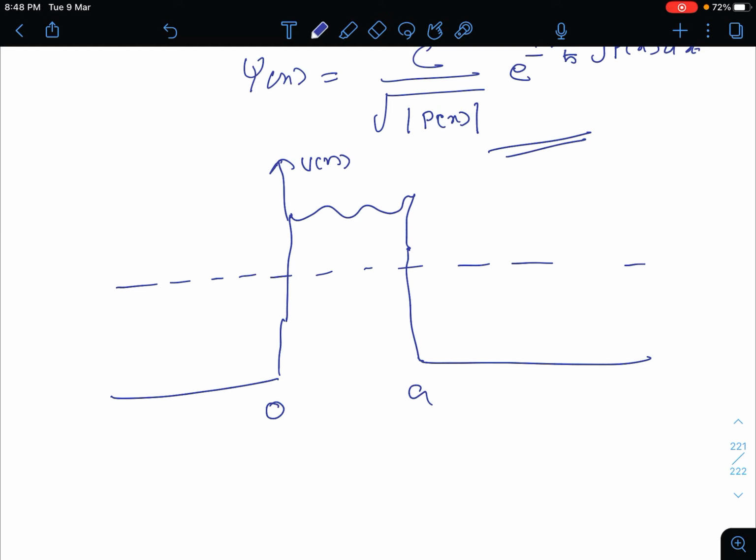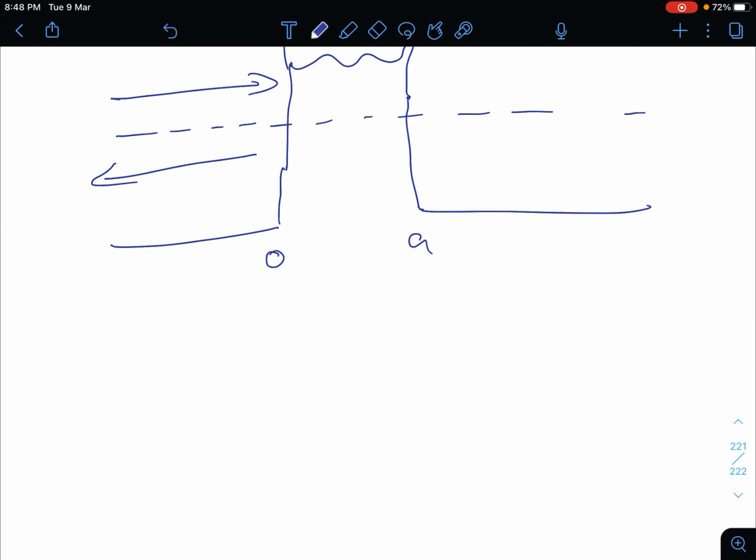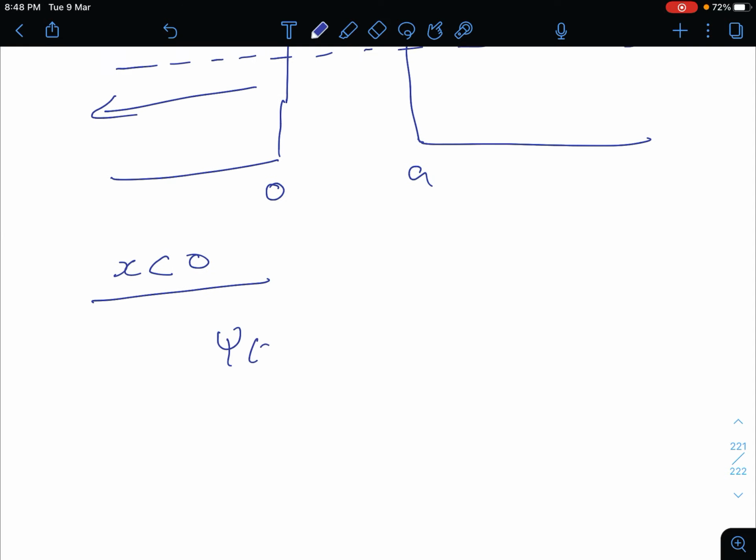So on the left hand side you have two waves, one incoming wave and one reflected wave. So for x less than 0, I can write the wave function psi of x is equal to a e raised to i kx plus b e raised to minus i kx.